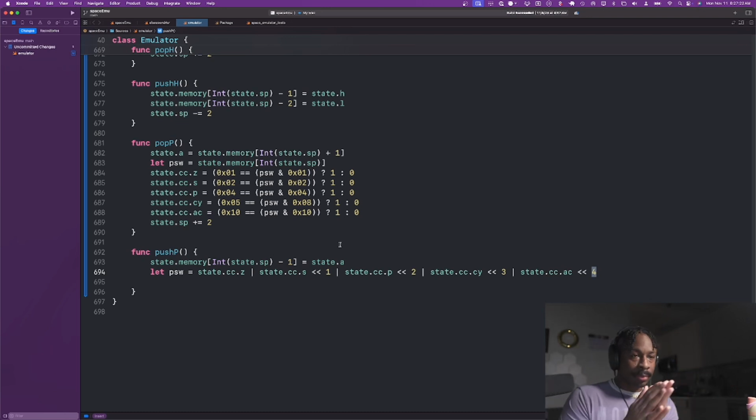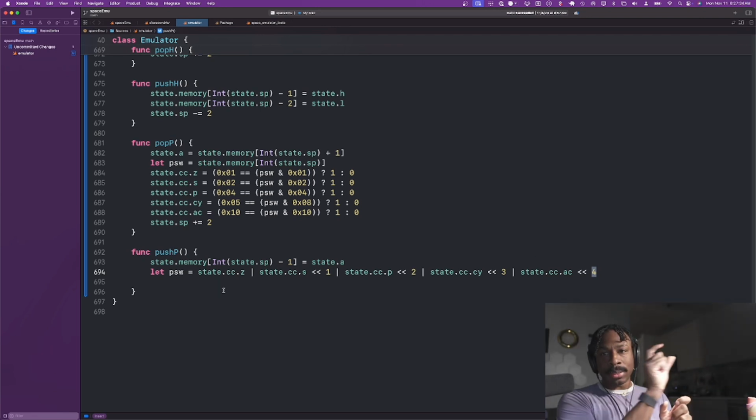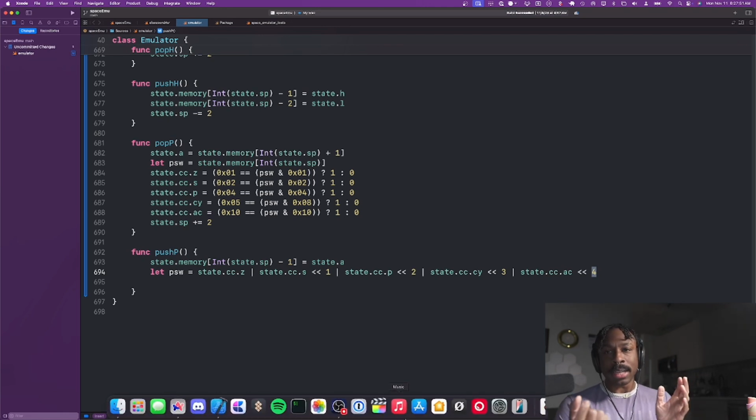So, for example, this would be like a 5-bit number. So we have 5 spots. Say the zero flag is 1, the sign flag is 2, the P flag is 3, the carry flag is 4, the auxiliary carry flag is 5.